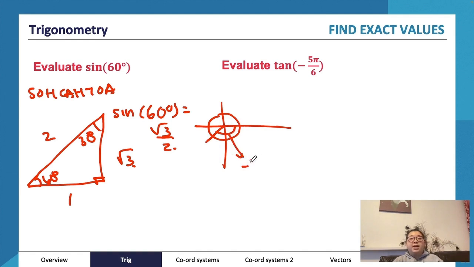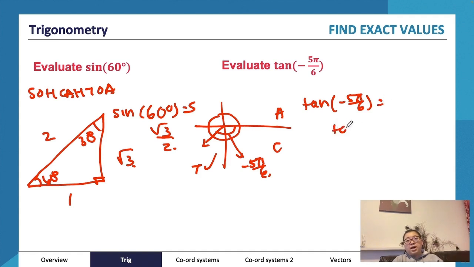So that's negative 5 pi on 6, right? If we get negative 5 pi on 6 here, there's going to be pi on 6 left over there. So that's the triangle that we're actually going to be working with. We just have to figure out whether tan is positive or negative, and using our CAST, we figure out that it's positive. So tan negative 5 pi on 6 is equivalent to tan pi on 6.